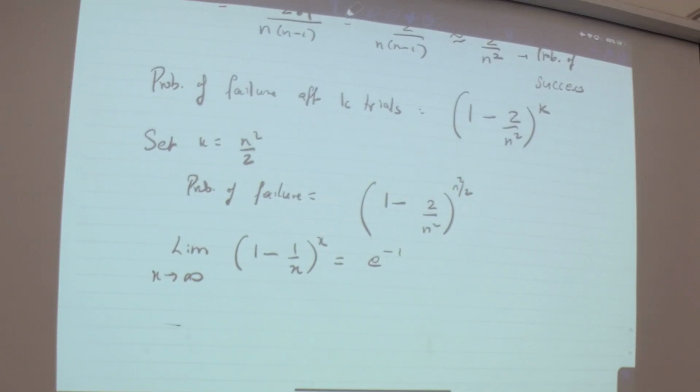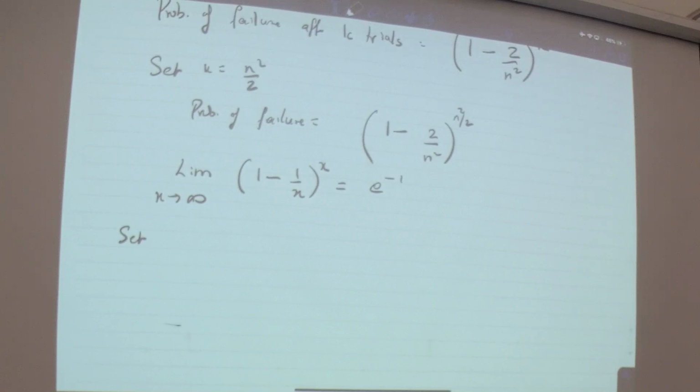But maybe that's not good enough for me. Now that I have the probability of success being a constant, I can do the same trick again. I can set k equal to n squared over 2 times log n. The probability of failure is going to be e to the minus log n, because I just did it more times, which is equal to 1 over n.